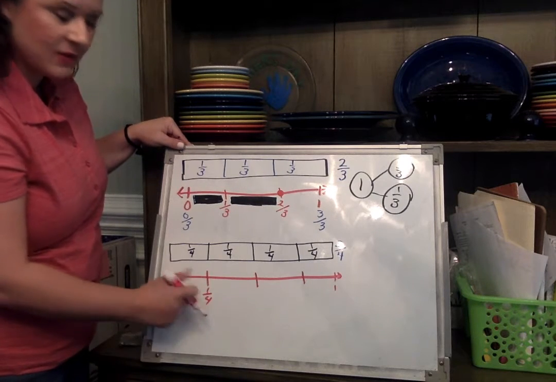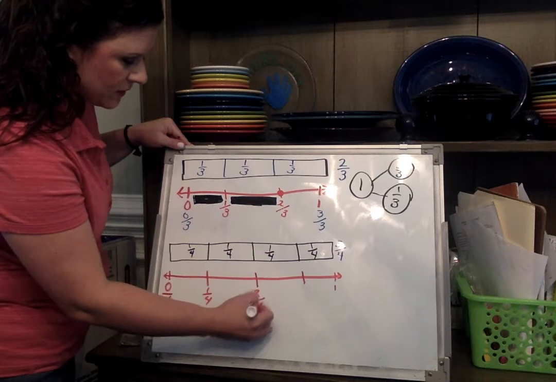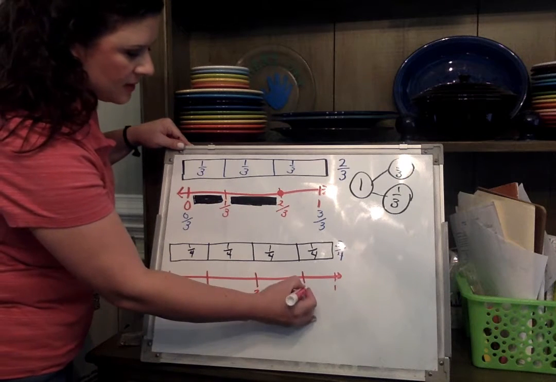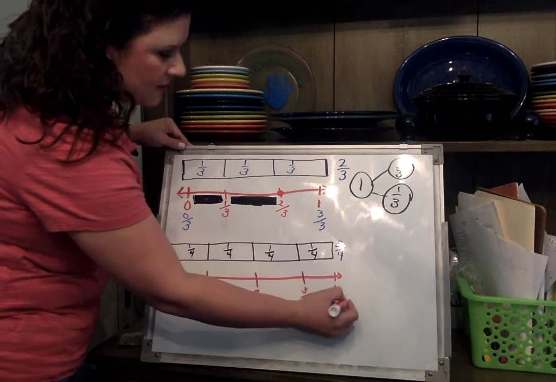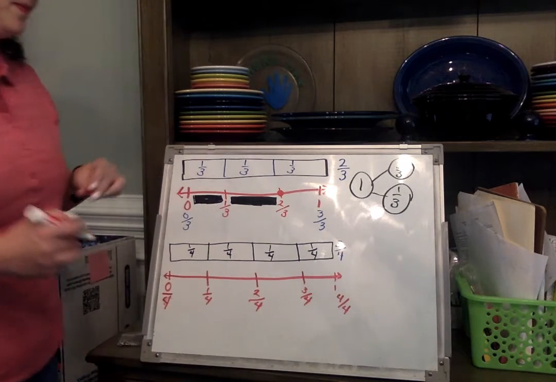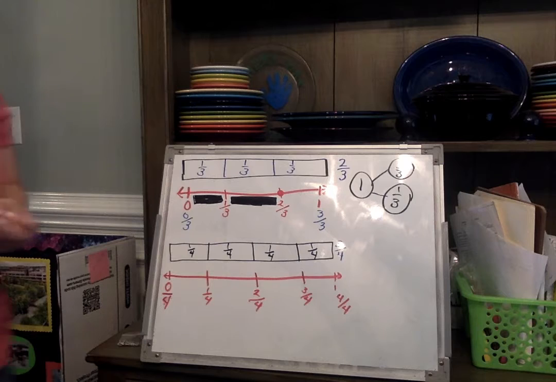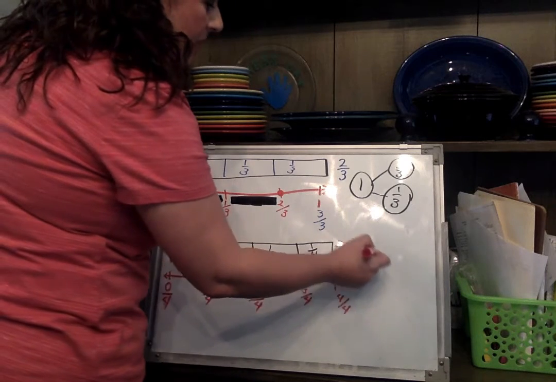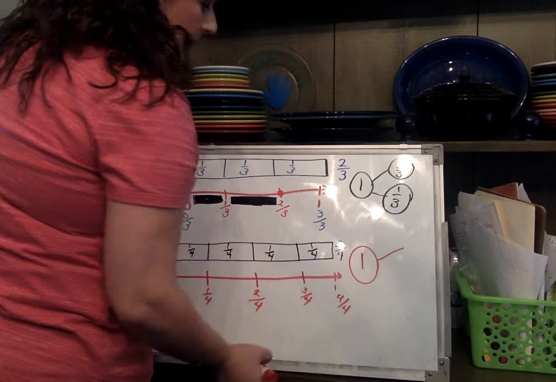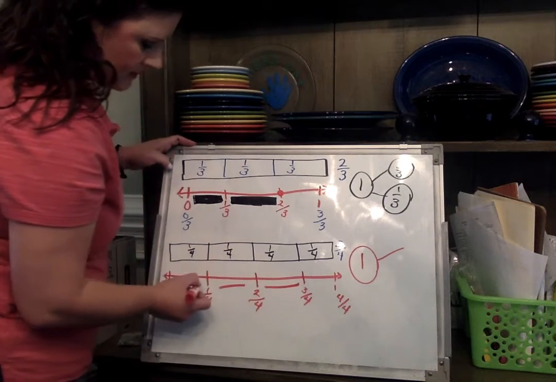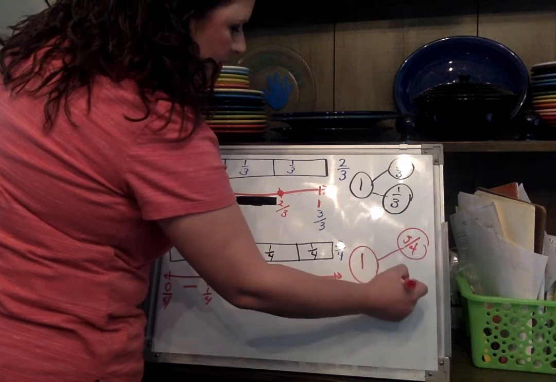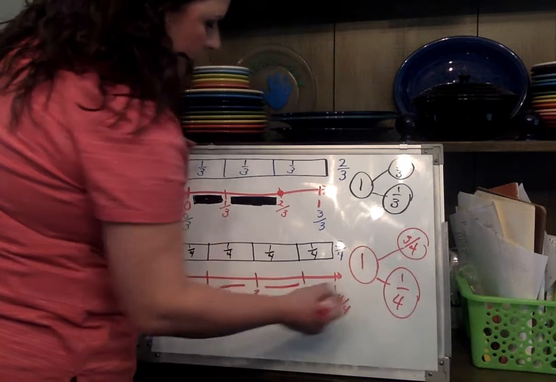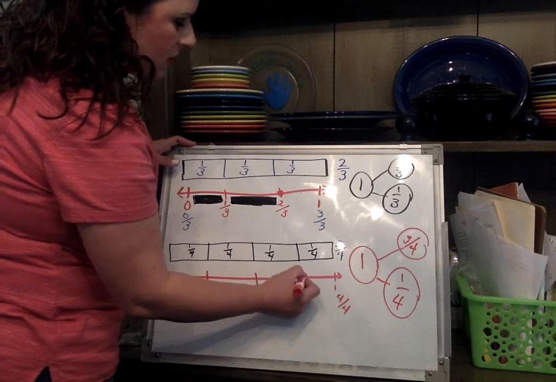Remember, this piece is 1/4, 2/4, 3/4, and then 4/4. If I was going to draw a number bond for this one, I have 1 whole, 3/4 plus 1/4 equals 1 whole. And I want to draw a point there.